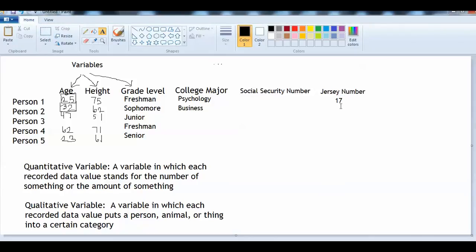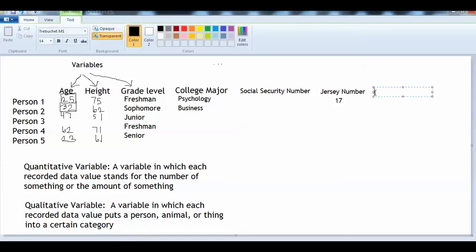It doesn't mean that the person has made 17 home runs or has scored 17 touchdowns. It doesn't stand for the number or amount of anything. Once again, it's just a category of one person. Driver's license numbers also wouldn't be quantitative.